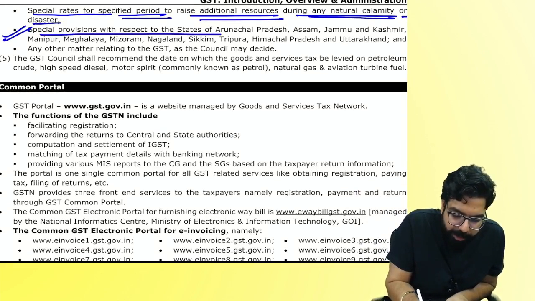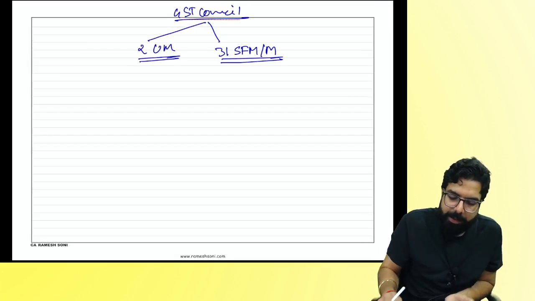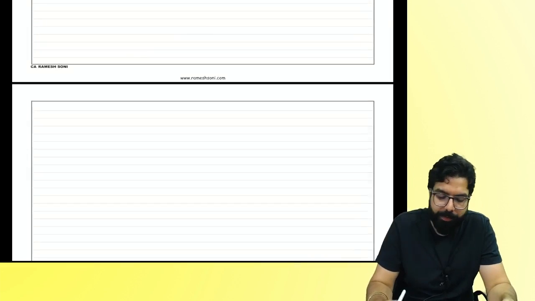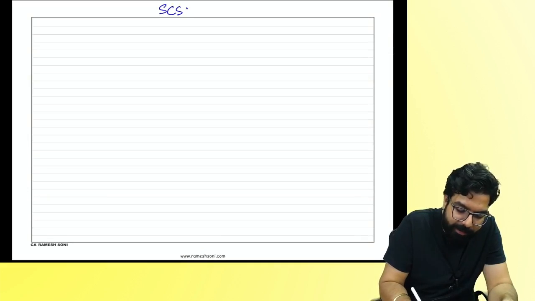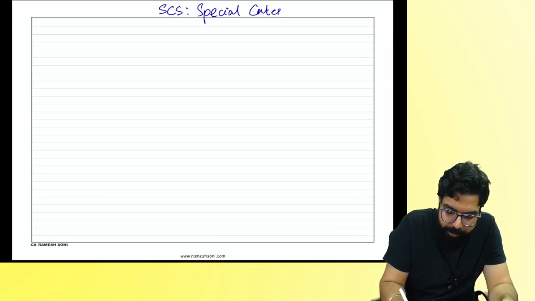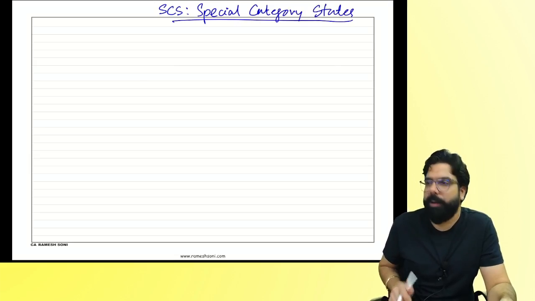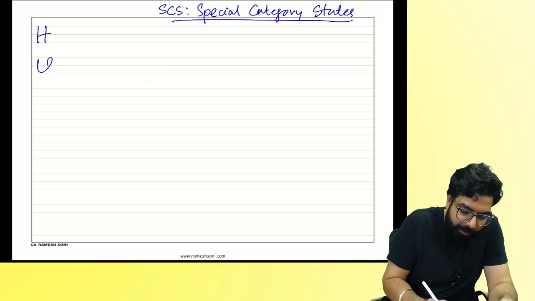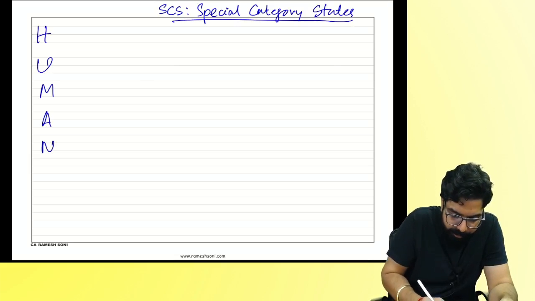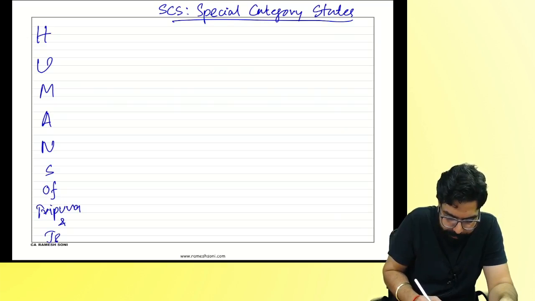Special provision with respect to, people, there are some states which I call as SCS, special category states. Okay, everyone, what are the special category states? Are they not humans, everyone? Humans of three special, so what? Tripura and Jammu and Kashmir.